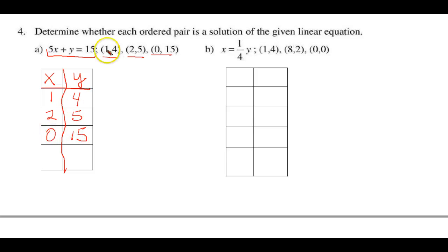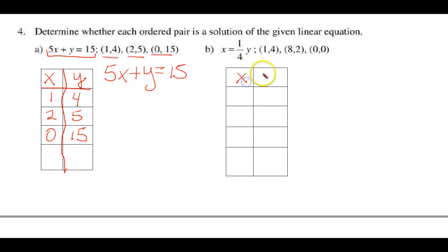And if we substitute these values into this equation, 5x plus y equals 15, does it make this equation true? So we'll give you some time, and we'll set this one up too over here.